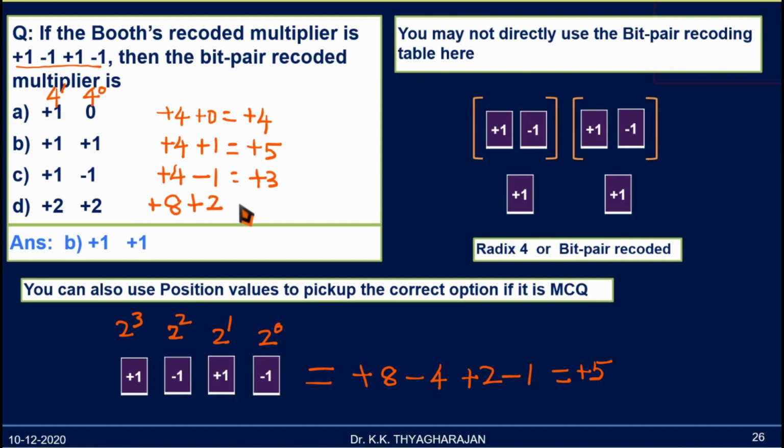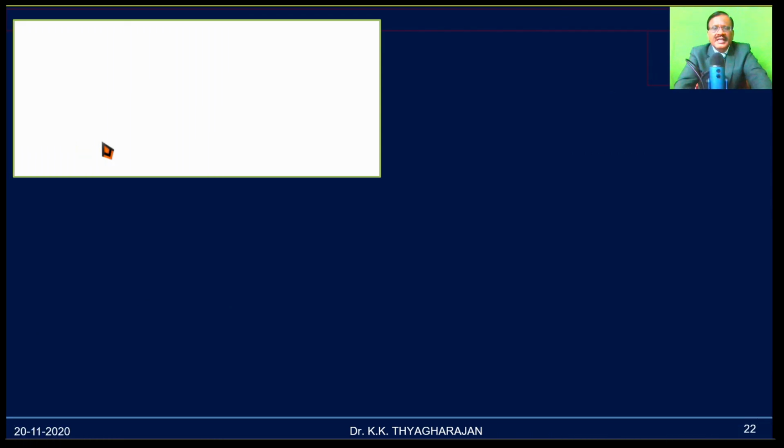So this is plus 10. Now these four options represent these decimal values. Since the given recoded multiplier is 5, option B is also representing the same 5. Option B is correct. So you can use this shortcut also, but the classical method to be used is this one. Let us see the next question.